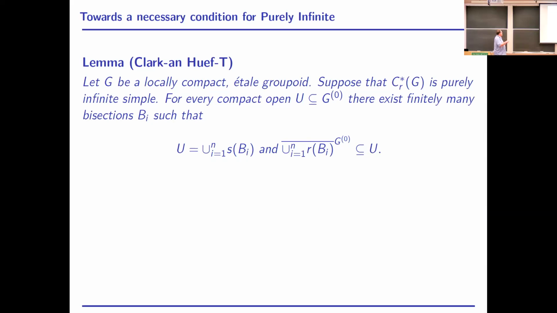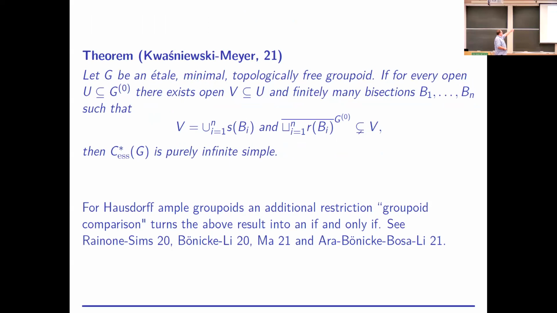So this, I've called this a lemma because it's towards a future theorem that is not quite here. But I'd just like to illustrate that both of these theorems give this condition, then the essential C-star algebra is purely infinite.